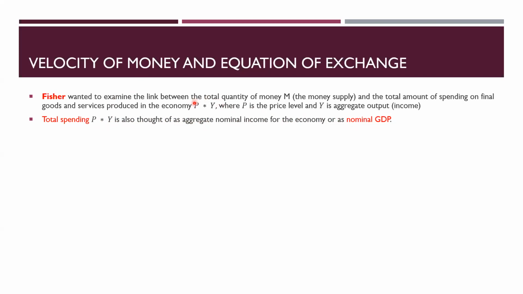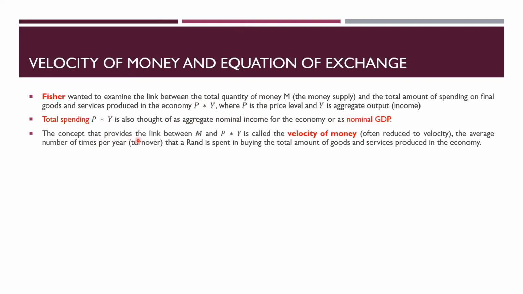From the circular flow of income, what is earned by someone is another person's expenditure. Therefore, this product is the same as nominal income, technically nominal GDP. I hope this is clear. If you have any question, don't hesitate to ask as we progress.